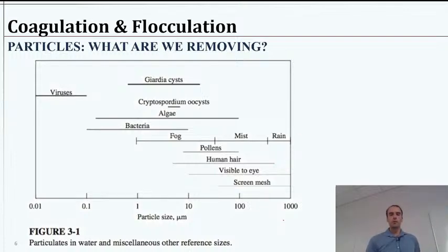So this here is 1 millimeter because this is micrometers, right? So 1,000 micrometers is 1 millimeter. If you get smaller than rain into like a mist or a fog, we are getting particles down to 100 micrometers, maybe even 10 micrometers, and a very fine fog all the way down to micrometer range.